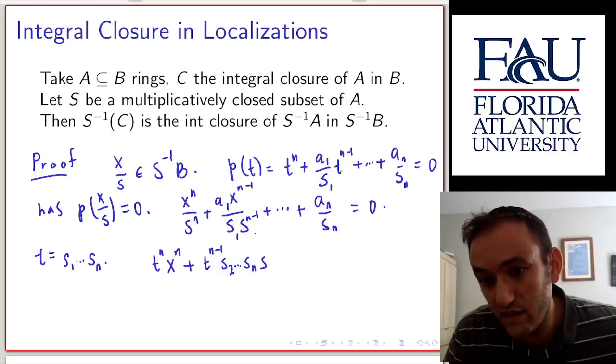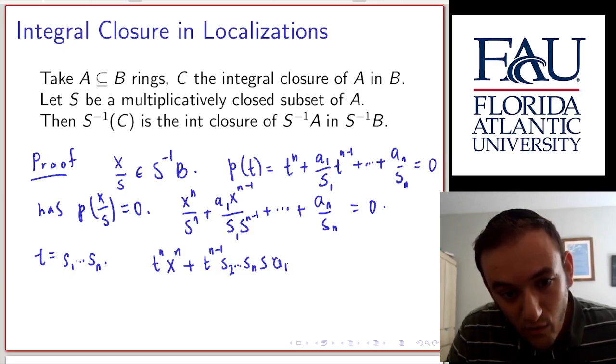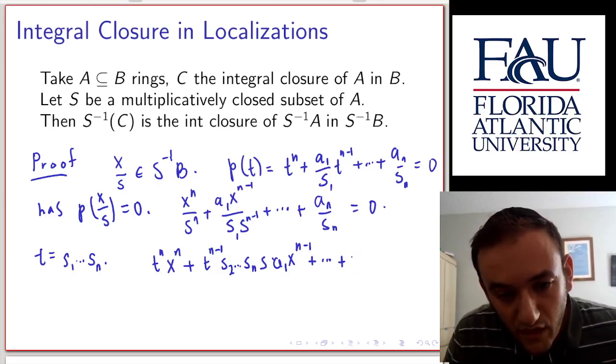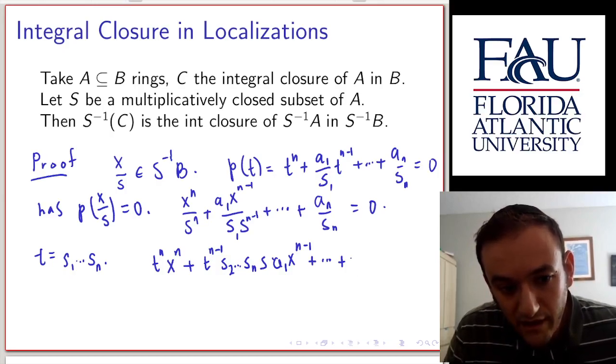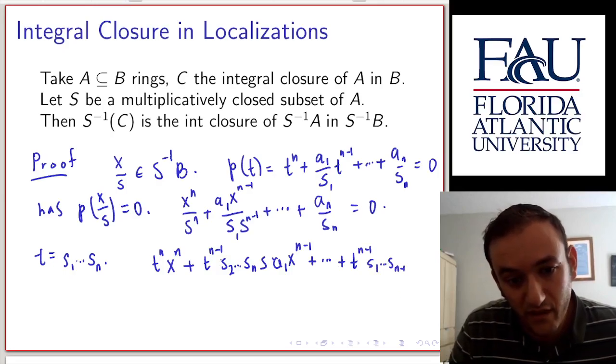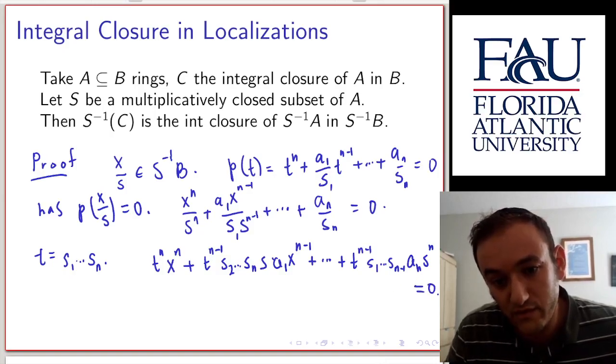The rest of the s to the n cancels with s to the n minus 1 times a1 x to the n minus 1, plus all the way through to, again, t to the n minus 1, and then everything besides sn, so s1 through s n minus 1. And we also get an and s to the n. Okay? So that will be set equal to 0.